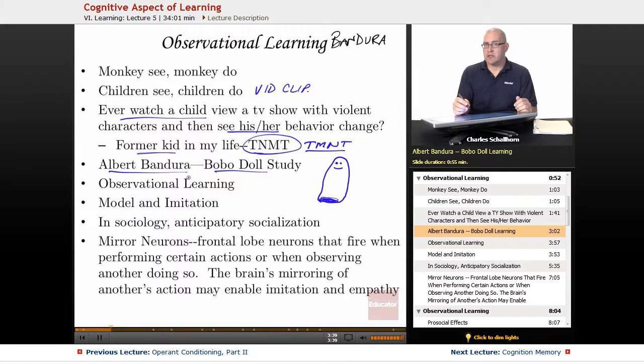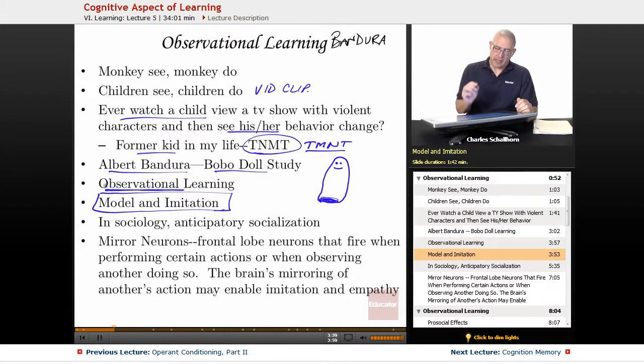Some were doing nice things, some were doing unpleasant things, hitting with a hammer, pointing a gun at it, yelling at the Bobo doll. And what he discovered was there was this big relationship between a model and an imitation, that simply by observing, by watching an individual, in this case children picked up and imitated the behavior of models that they respected and models that were rewarded for their behavior.